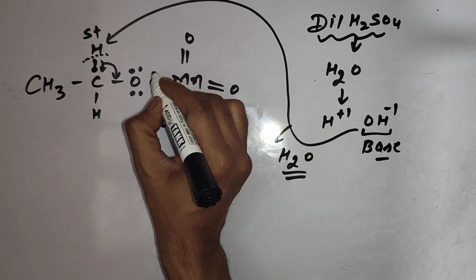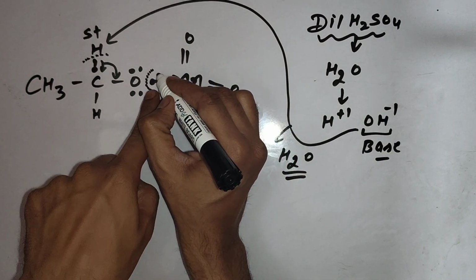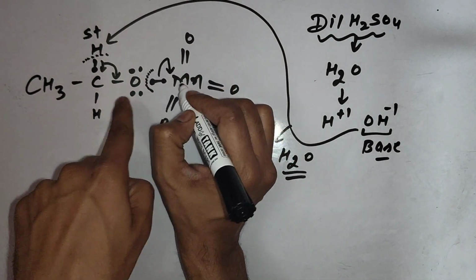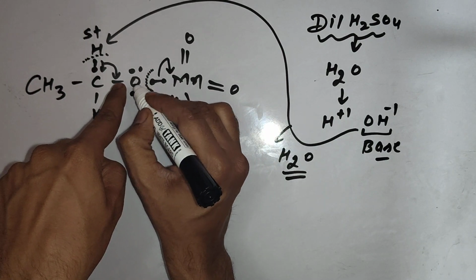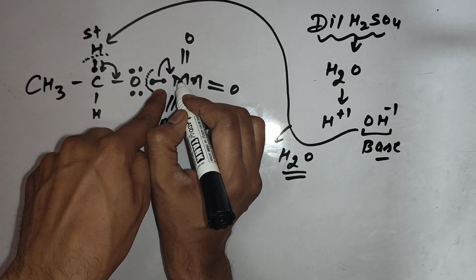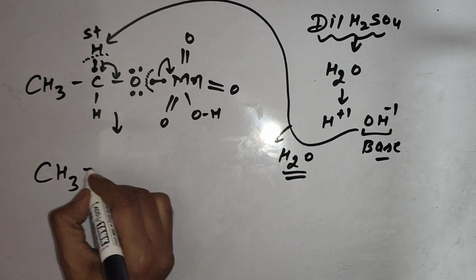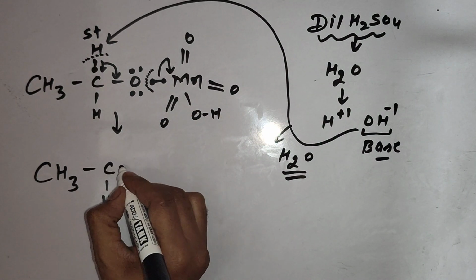So it is breaking the bond with Mn, and these electrons will shift back toward Mn, because oxygen is getting electrons from the carbon side. So obviously these electrons will shift to Mn, due to which the first oxidized product will generate.